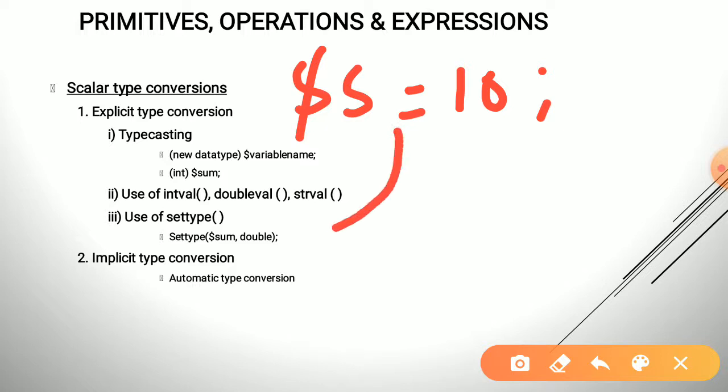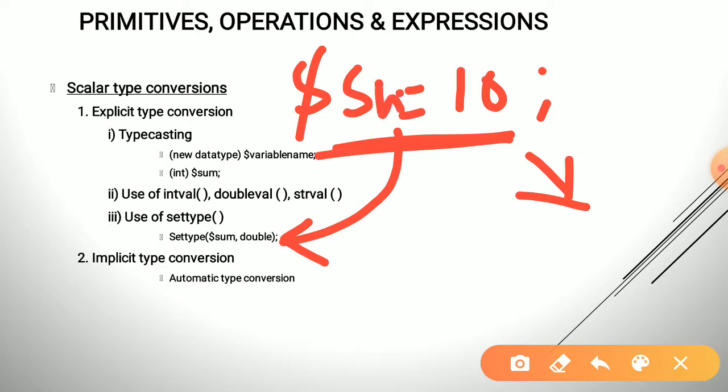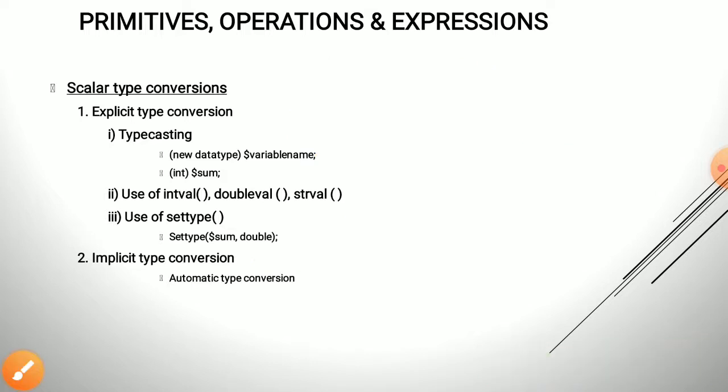Now we are using this line settype($sum, double). Initially the data type of this sum is integer and we are converting it to a double value, so the new data type is double. So we can use this settype method to change the data type of a variable.